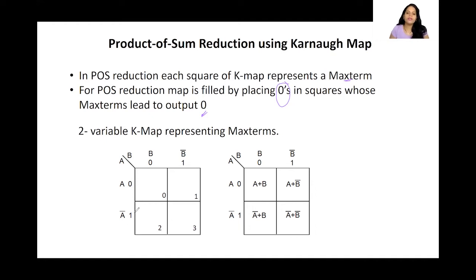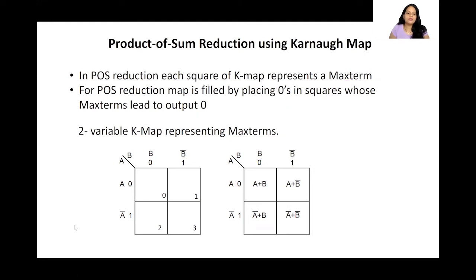Also, the values here are the OR of two variables and not AND. So whatever the values are here, they are going to be the OR value of A and B, that is the row value and the column value. Fine. So this is how we represent the two variable K-map.